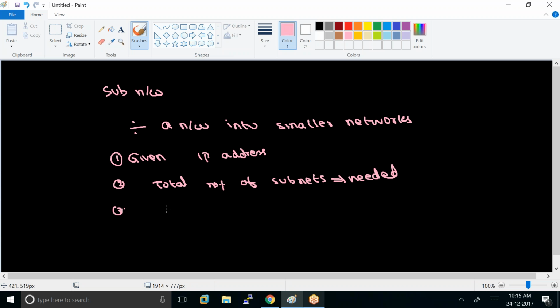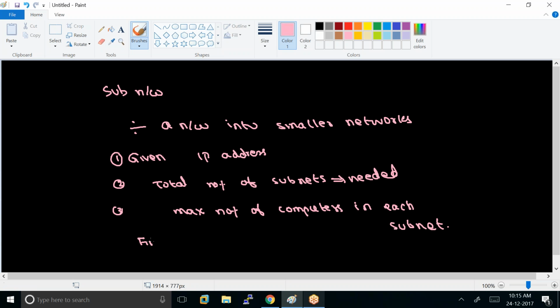Then you will be given the maximum number of computers in each subnet. So these are all the givens.